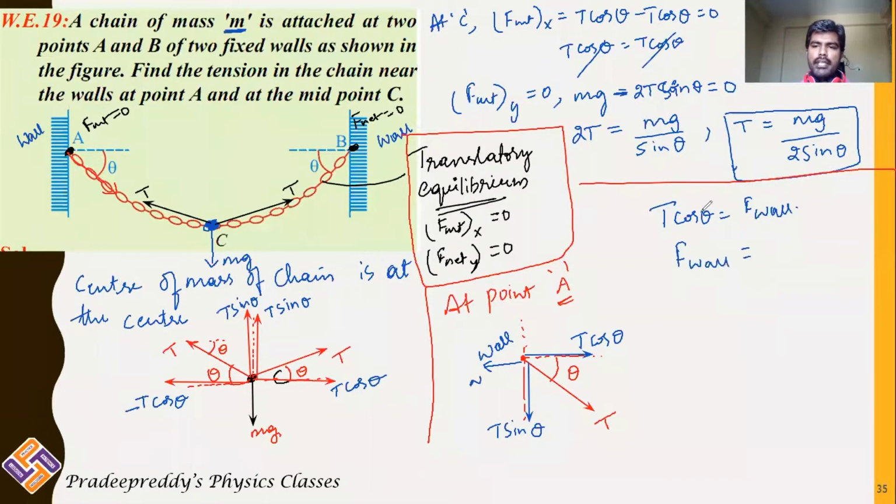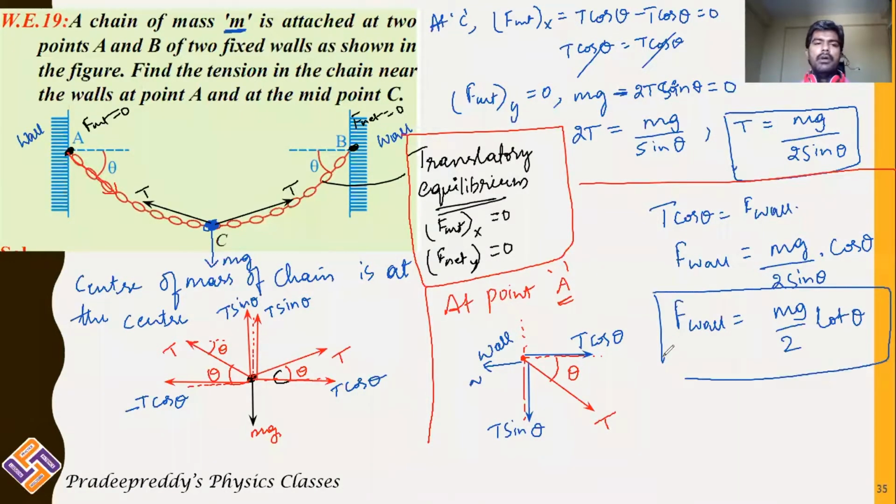What is T? T is mg divided by 2 sin theta, into cos theta. So force on the wall is equal to mg by 2 into cos theta by sin theta, which is cot theta. So at point A, the force acting on the wall is mg by 2 into cot theta. At point C, the tension acting there will be mg divided by 2 sin theta. So these are the forces at point A as well as point C.